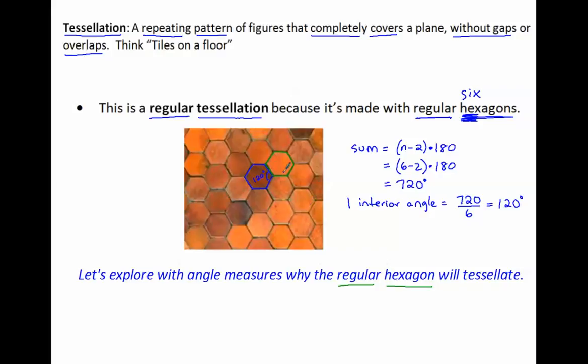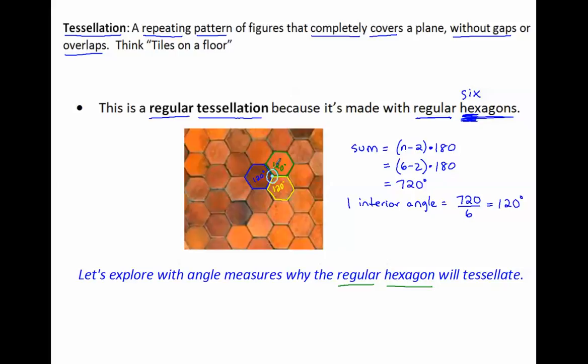So notice the hexagon that's sitting next to this hexagon, the interior angle that's adjacent to it, also has to be 120 degrees. And if I look at the other hexagon that touches the first two, its adjacent angle is also 120 degrees. Well, notice as I trace those angles, what kind of shape that's making. From this point, we've got here, here, here.